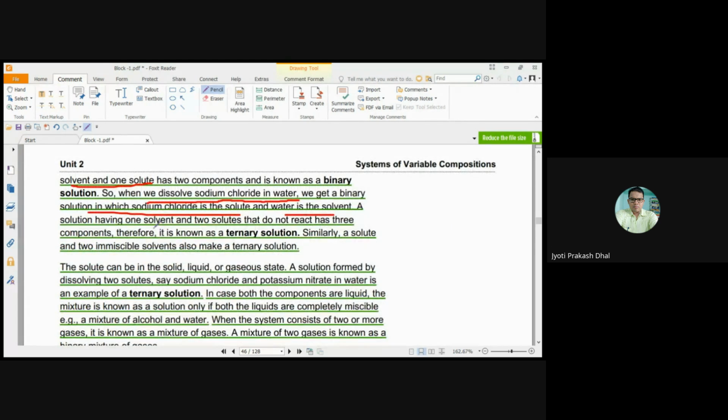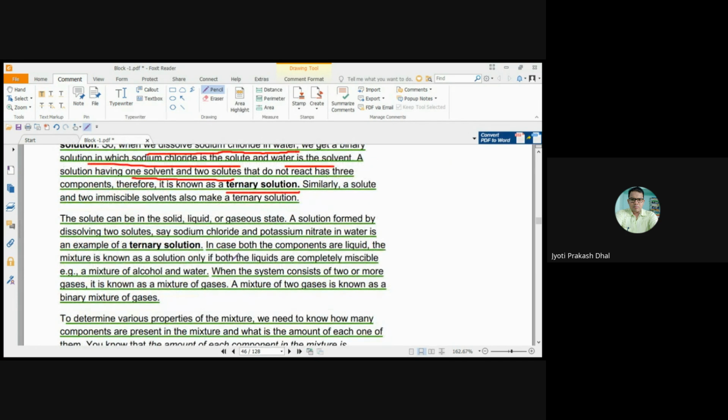And if the solution has one solvent and two solutes, then that is called a ternary solution. Similarly, if a solution contains one solvent and three solutes and all the solutes are soluble in the solvent, then that is called a quaternary solution.